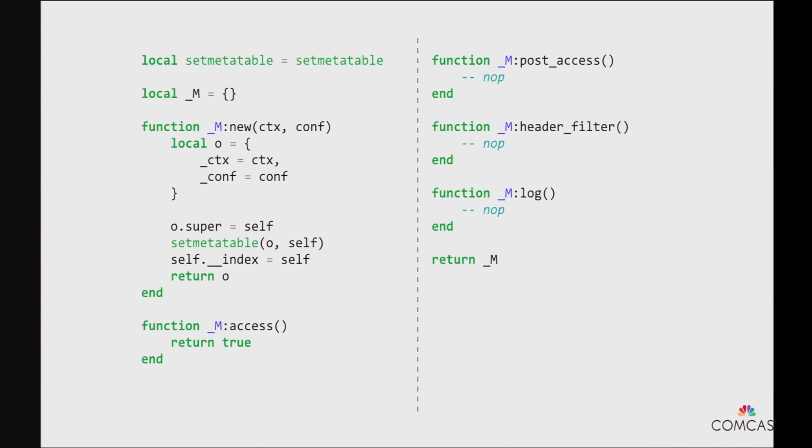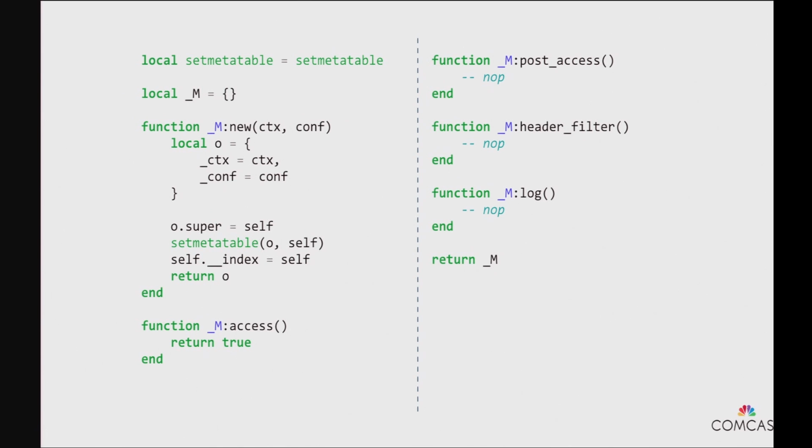In each functional vertical of the code, so single responsibility like authentication or capacity management or request and response tweaking, those are each structured as a plugin. Those plugins have specific methods that refer to the individual phases that they'll be called in.